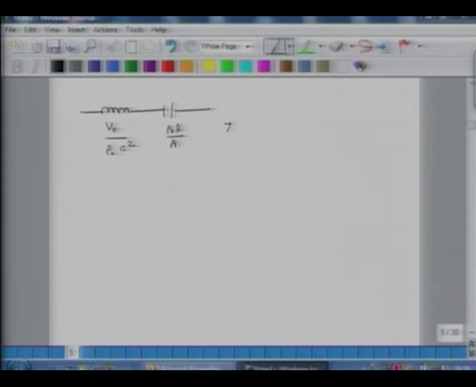So the total impedance between these 2 points is j omega times V naught over rho naught c square plus 1 over j omega rho naught L over A. Now for resonance, Z equals 0 in this case.